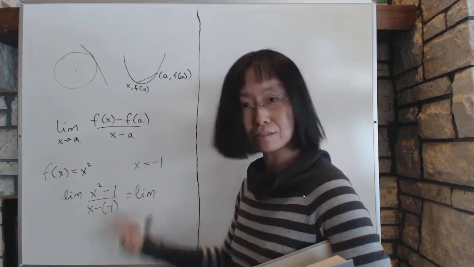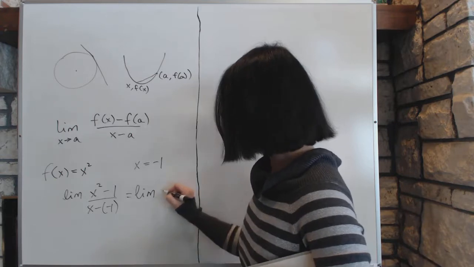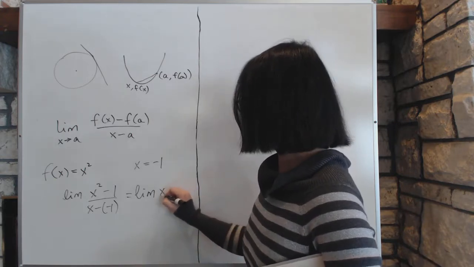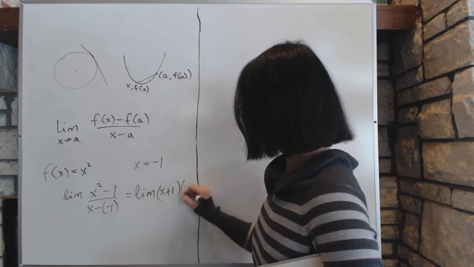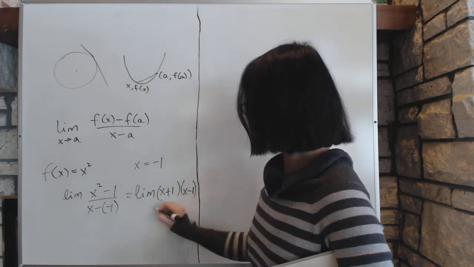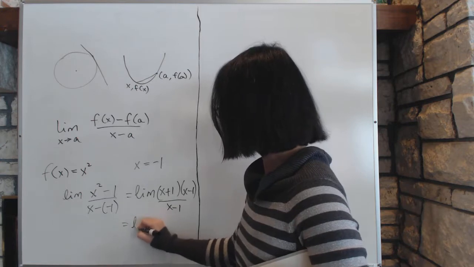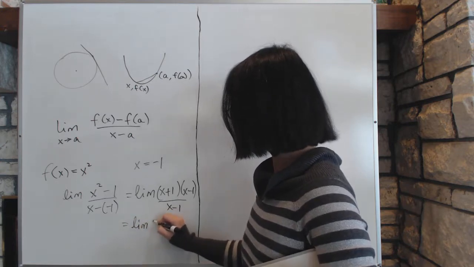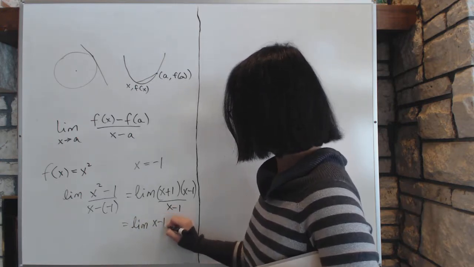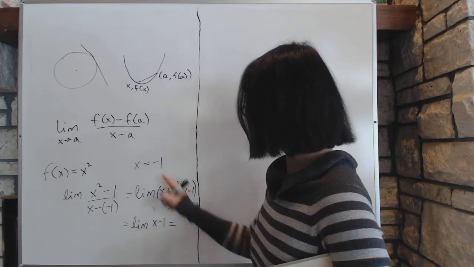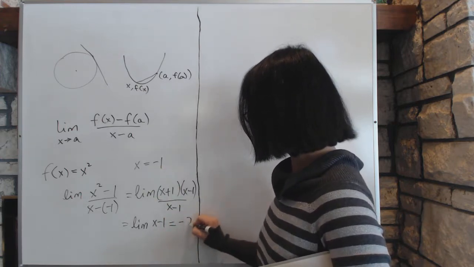This is called the difference of squares. Anyway, so it becomes x plus 1 times x minus 1, divided by x plus 1. So the only thing you have left, of course, is x minus 1. And as x approaches negative 1, that gives you negative 2.